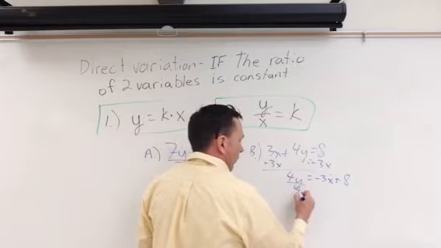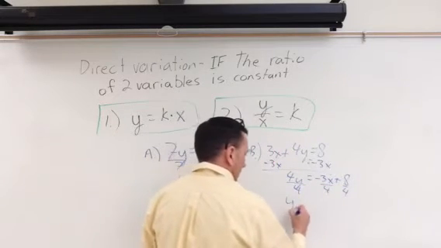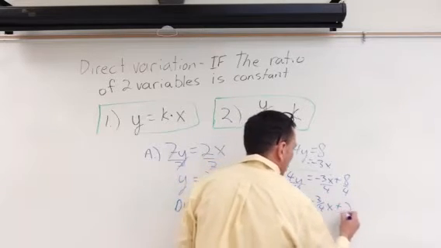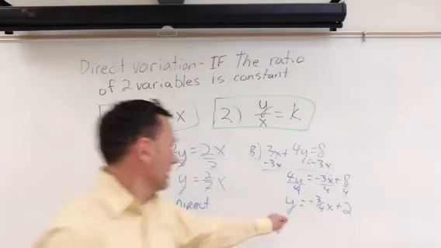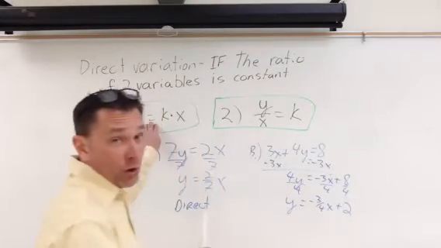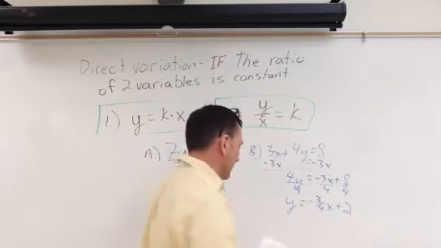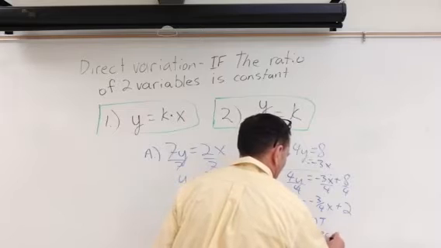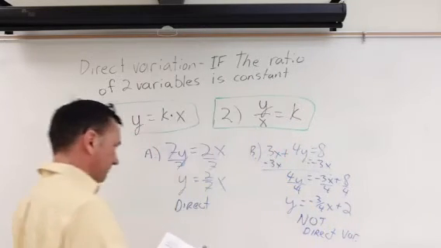We divide by 4 to everything. And we end up with y equals negative 3/4 x plus 2. Now I see addition here. I see the y by itself in this form, but I see addition here. Automatically, not direct variation. Automatically, there's addition there.